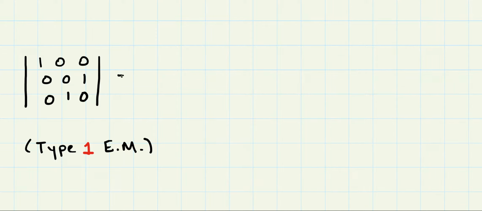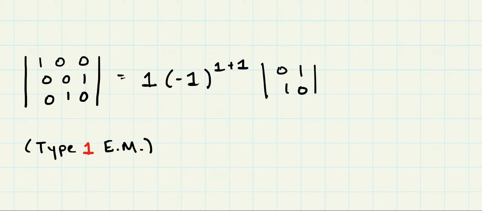The determinant is 1 times negative 1 raised to the 1 plus 1, and then the determinant of this smaller matrix, right? This one here. And then if I go along this row, I'm going to get plus 0 and another 0. So this is actually the determinant.